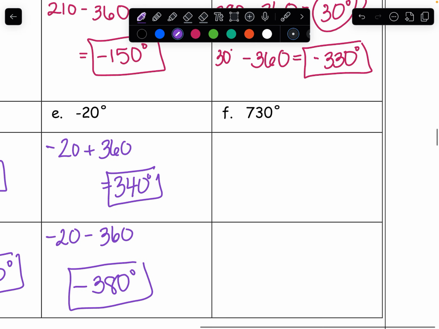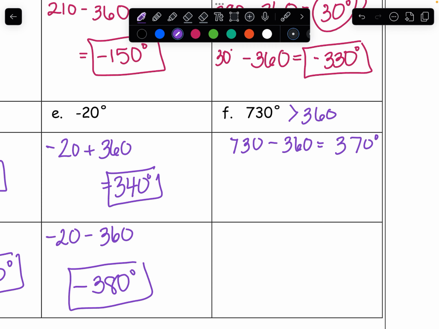Now F, again, it's greater than 360. So knowing that, instead of just always adding, we can take 730 and subtract 360 degrees, which will give us 370 degrees. So there's one. Now, if we take that angle and subtract 360, we actually still get a positive degree.